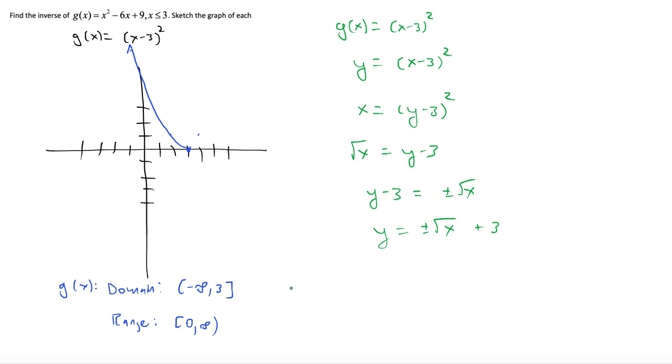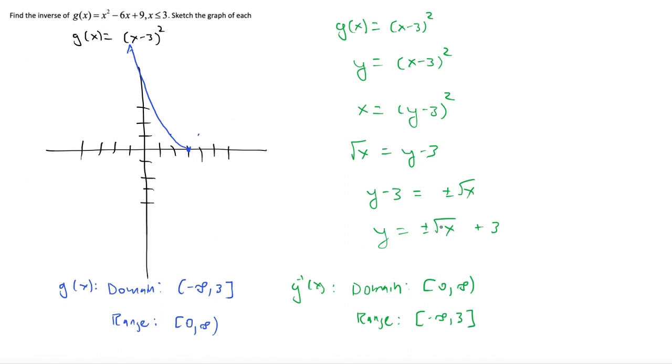Because we have an inverse function, the domain and the range should be the opposite of this. So the domain of the inverse should be 0 to infinity, because that's the range of the function, and the range of the inverse should be the domain of the function.